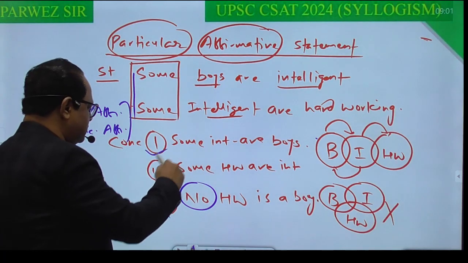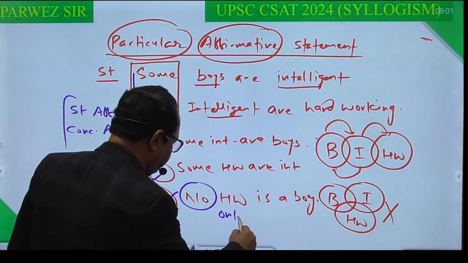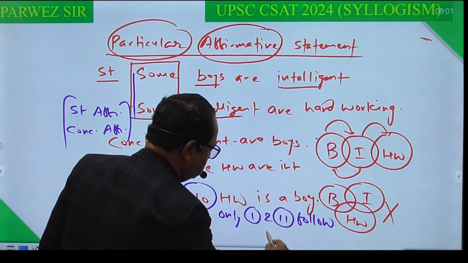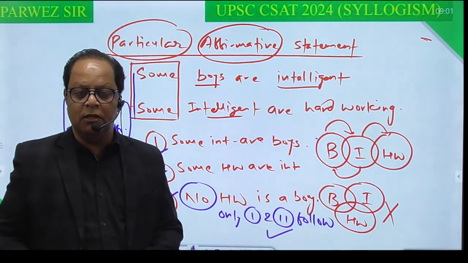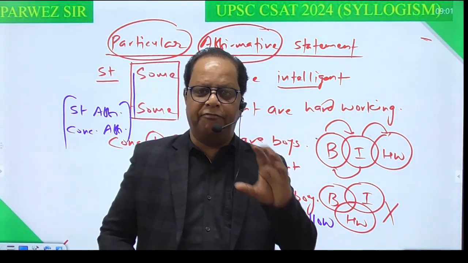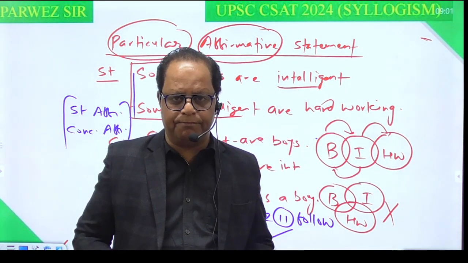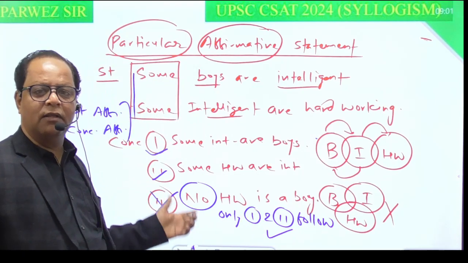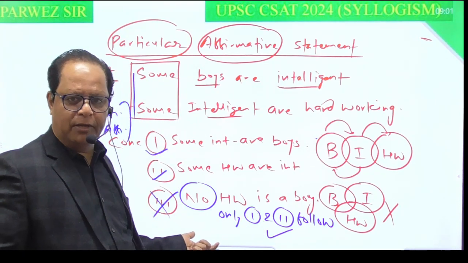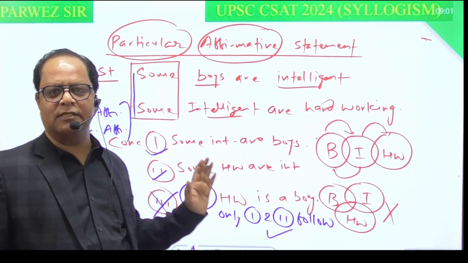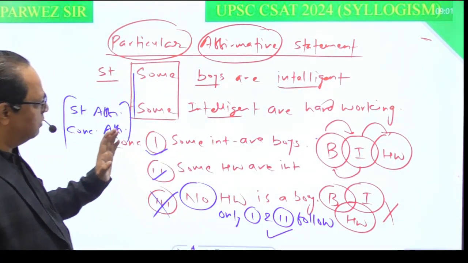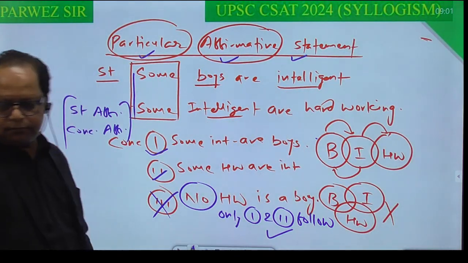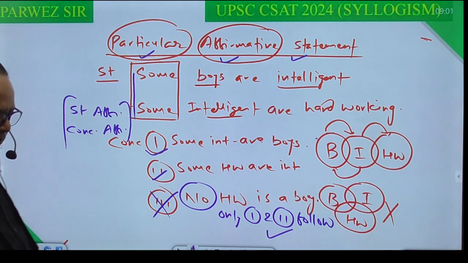Only first and second follow, and this is your right answer. So here no is given, that's why this conclusion will be wrong. So these are the type of particular affirmative statement. Now we are taking the question.